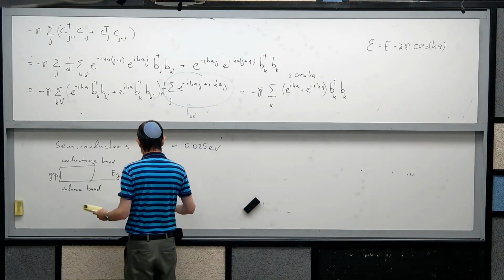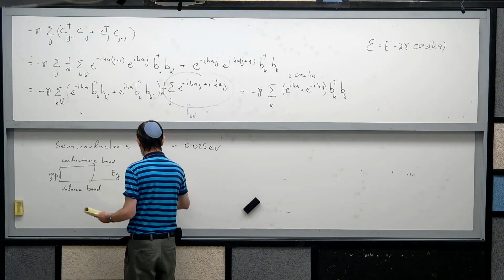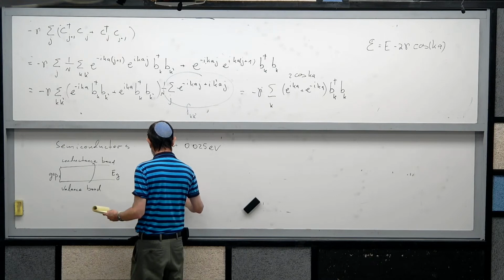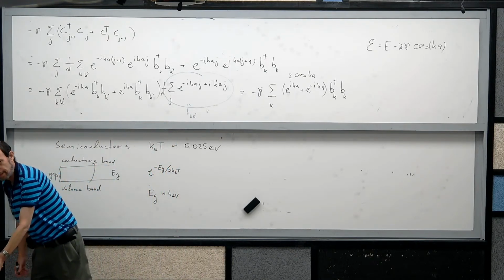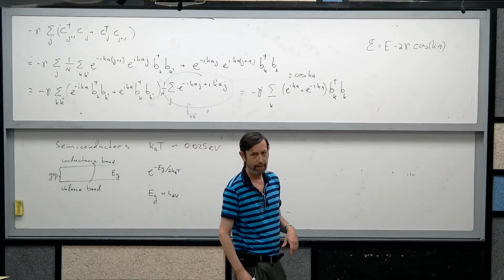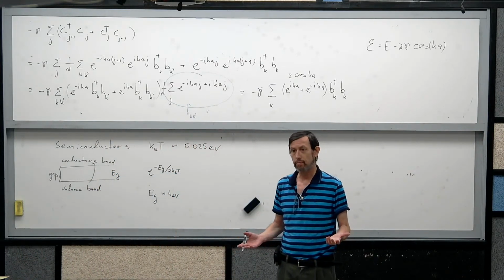So, if we are talking about Eg of 4 electron volts, one of the materials that has such a gap is diamond.